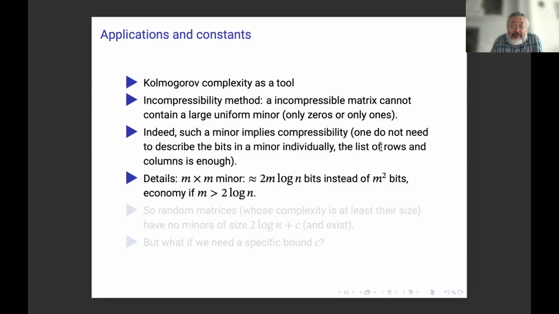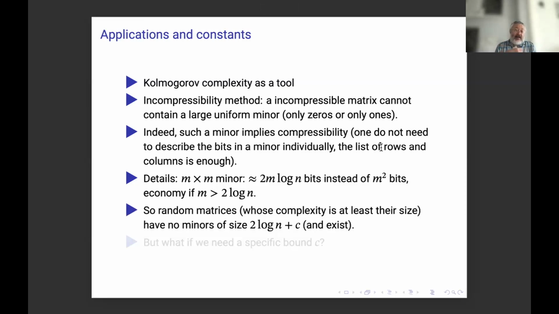So if we have m rows and m columns, we have 2m log n bits. After that, we don't need to specify bits in the intersection, and in the intersection we have m squared bits. So if m is bigger than 2 log n, then we get some improvement. And this shows that random matrices, incompressible matrices, have no minors of size 2 log n plus c.